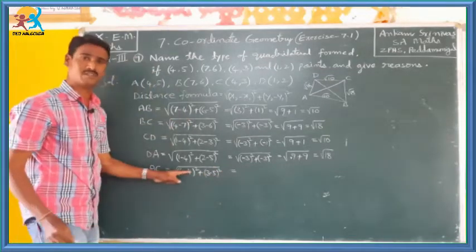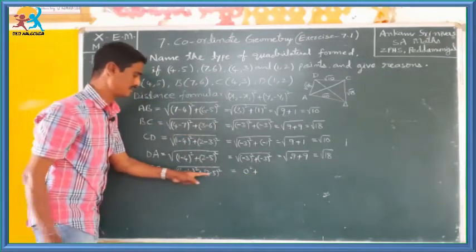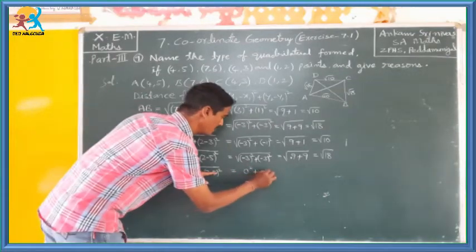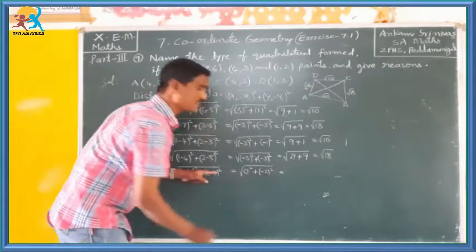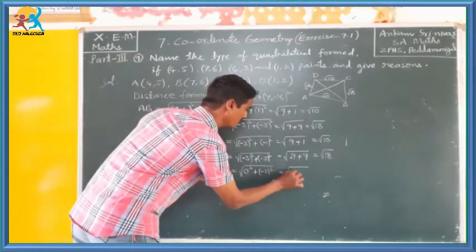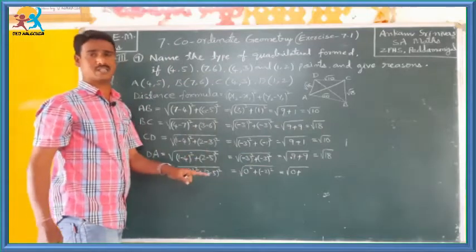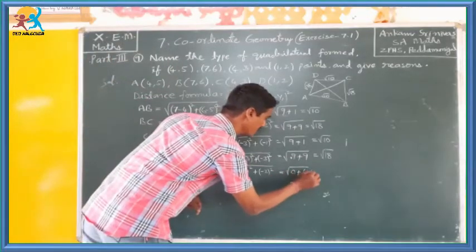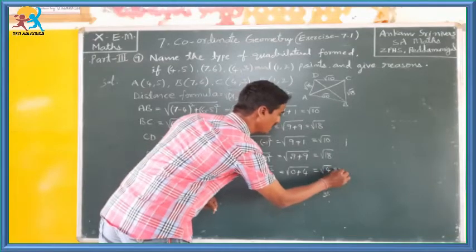Here 4 minus 4 is 0, 0 square, plus 3 minus 5 is minus 2 whole square. What is the value of 0 square? 0 into 0 is 0, plus minus 2 whole square, minus 2 into minus 2 is plus 4. So we get 4, and the square root of 4 becomes 2.